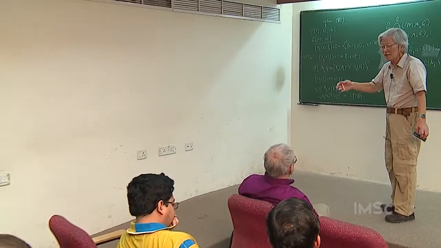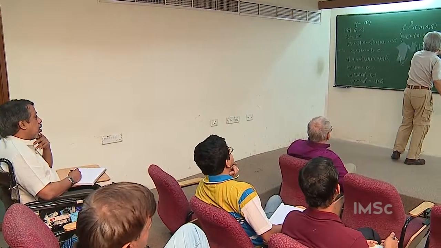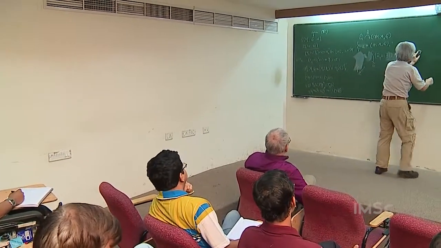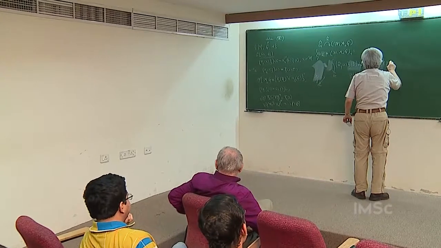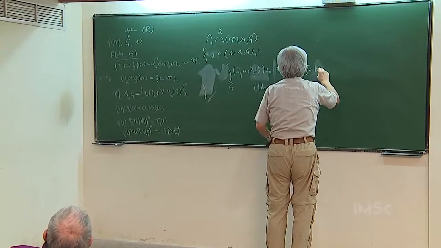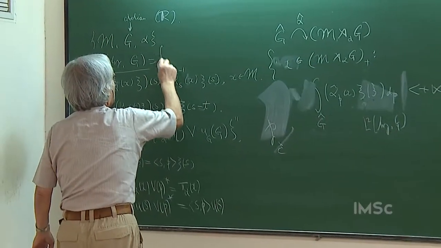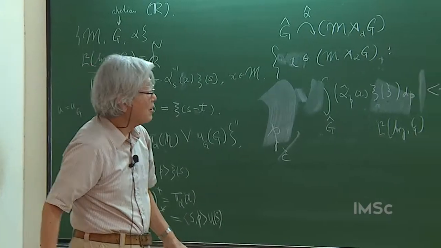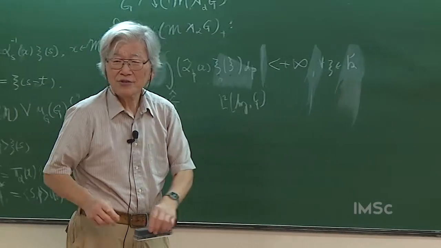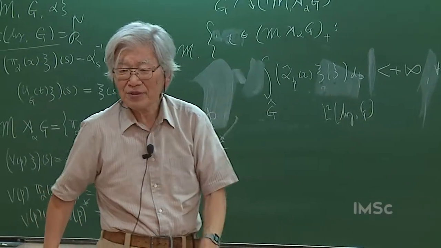Excuse me, not a norm. This is a finite value for all Xi in L2(K), we decided to call it K. And if this is a finite value for all Xi, it is not difficult to see that this defines a bounded operator.